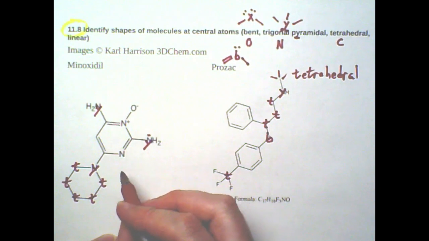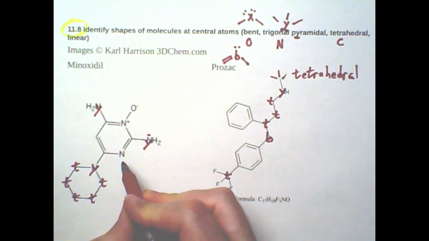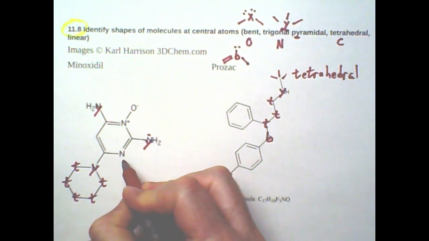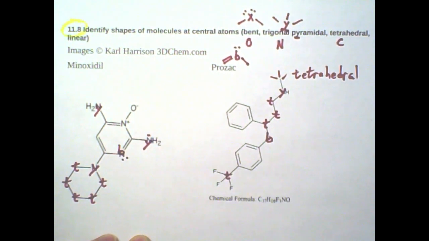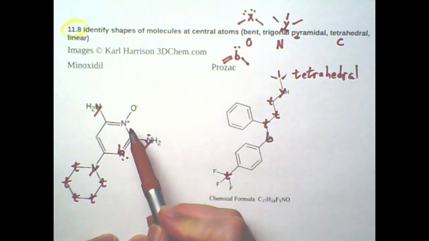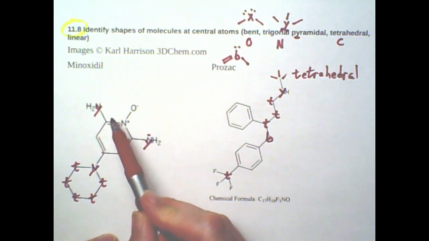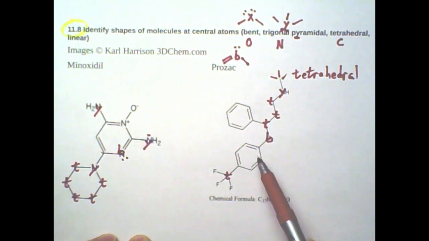We do have that over here on minoxidil. Double bond in, a single bond, and a lone pair. That is going to be bent. But now we've got all these other carbons and an N plus that we don't have a shape for.